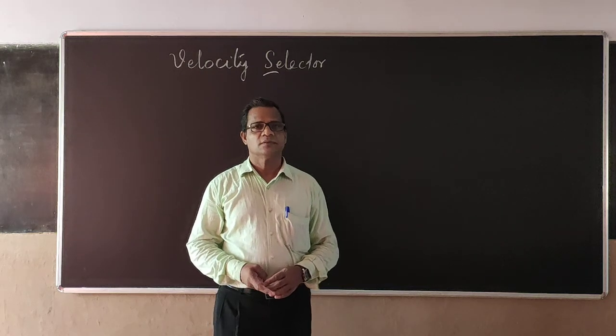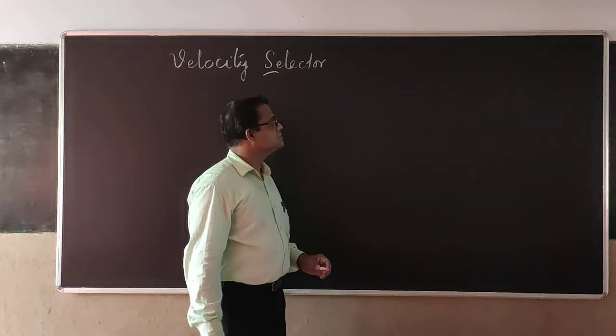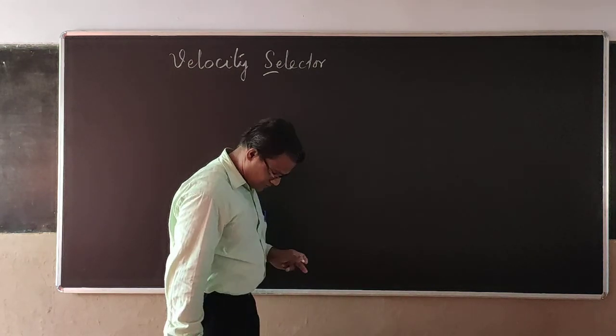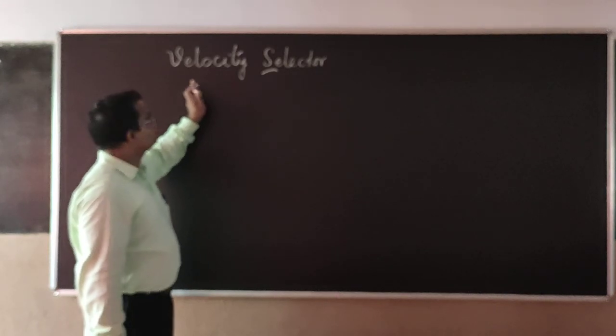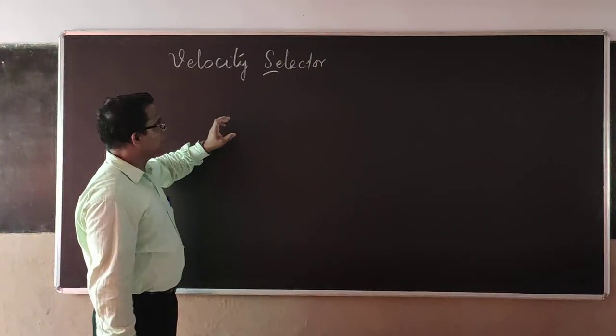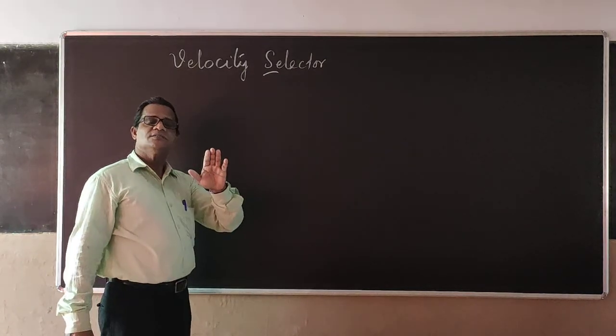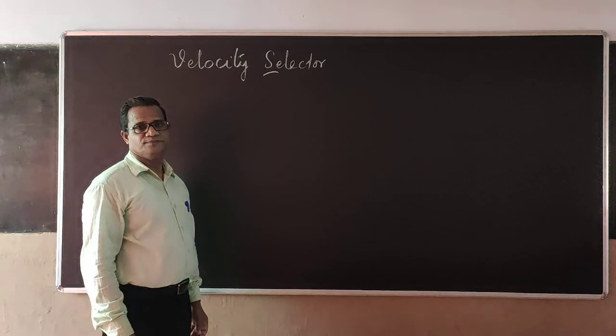This is a very small portion of this chapter, that is the velocity selector. From the name itself, it's clear that it's a device which is selecting a particular velocity.